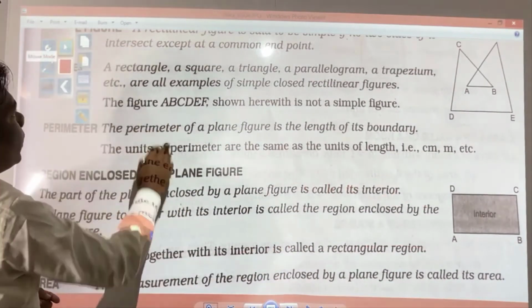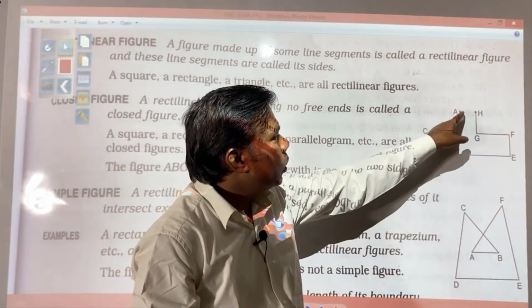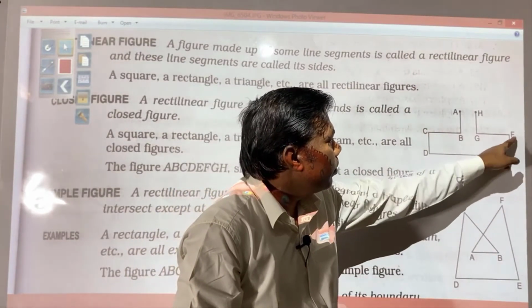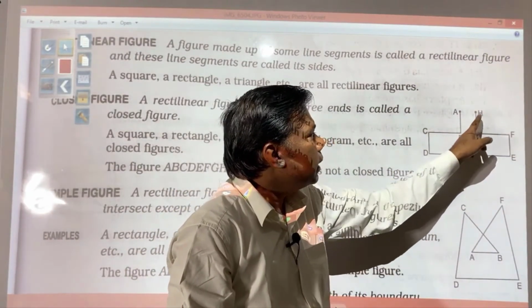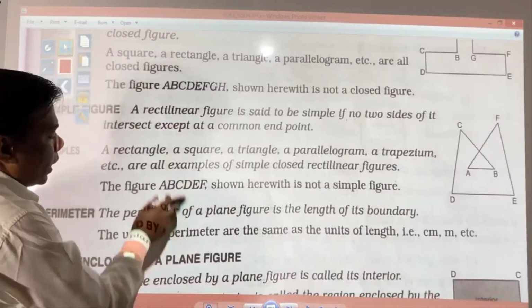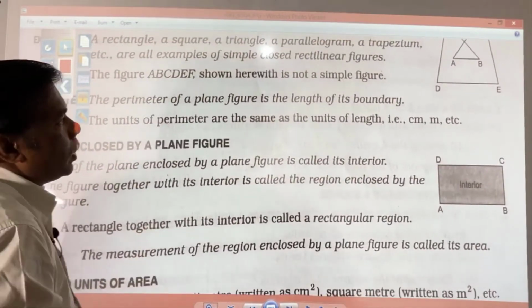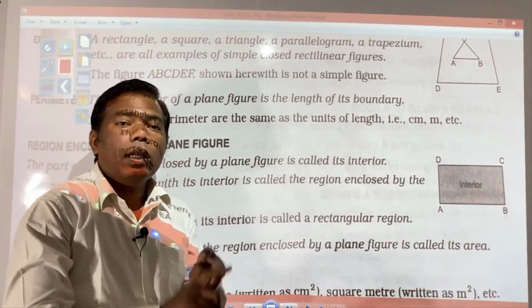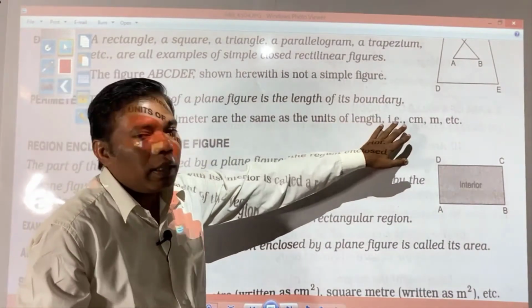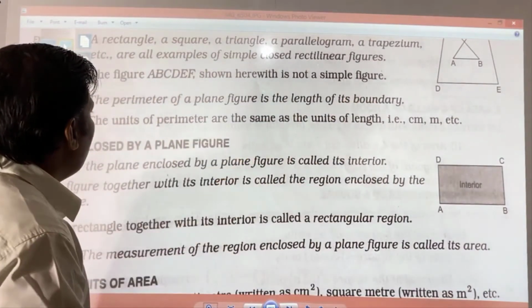Here in this figure also, if you want to find the perimeter, the total length AB plus BC plus CD plus DE plus EF plus FG plus GH will be your perimeter. So either closed figure or enclosed figure, if you need to find the perimeter, you find the length of the total boundary, and the unit will be centimeter or meter, whatever has been given, of the sides.